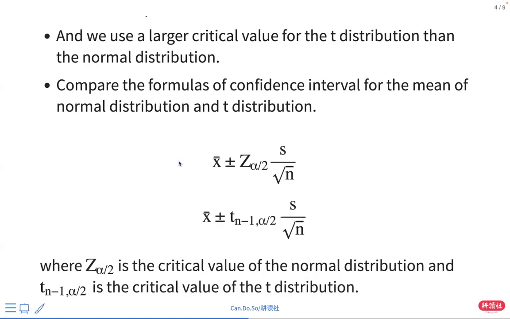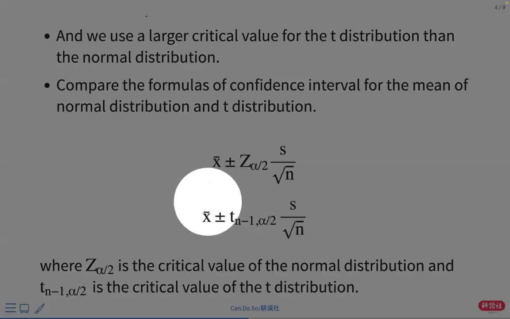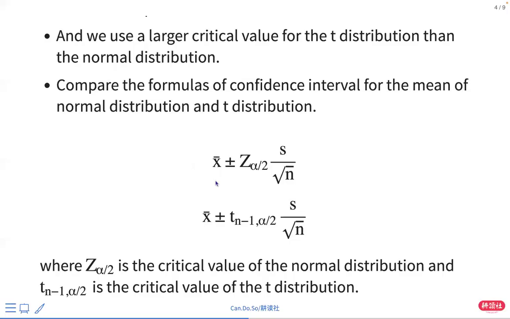Here we can compare the formulas to calculate the confidence interval of the mean for the normal distribution and the t-distribution. This is the normal distribution's confidence interval, and this is the t-distribution's confidence interval.